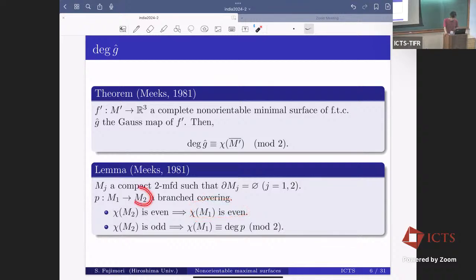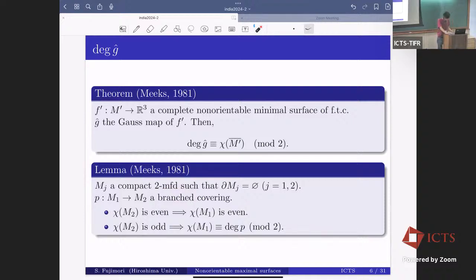And if the Euler characteristic of M2 is odd, then the Euler characteristic of M1 and the degree of P are congruent mod 2. If P is not a branched covering, then it is obvious, but Meeks showed that even if it is a branched covering, it holds.